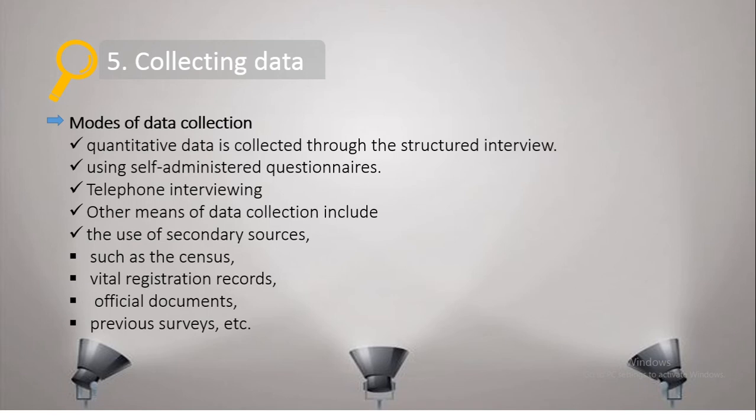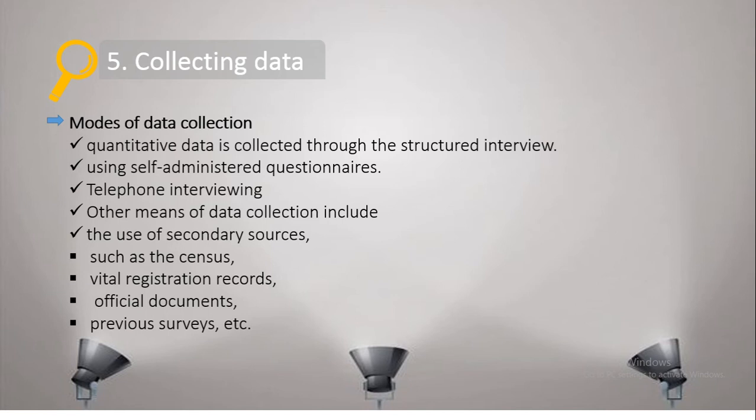Other means of data collection include the use of secondary sources. Secondary sources are economically easy and inexpensive, as we can collect data from any other source or any other organizations which have already collected it for some other purpose.